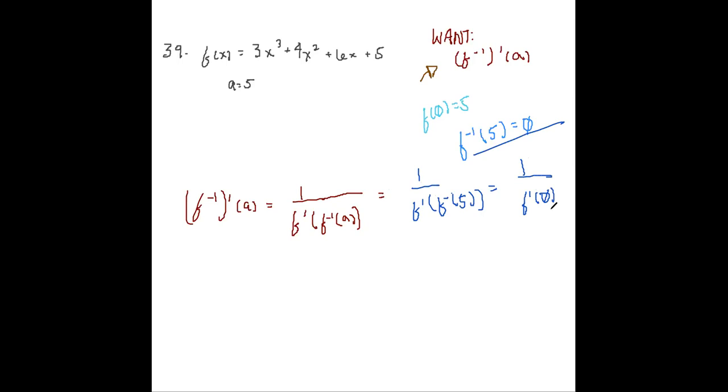Okie doke. So we have 1 over f prime of 0. That means we're going to need to find f prime of 0. How do I find f prime of 0? What do I do first?